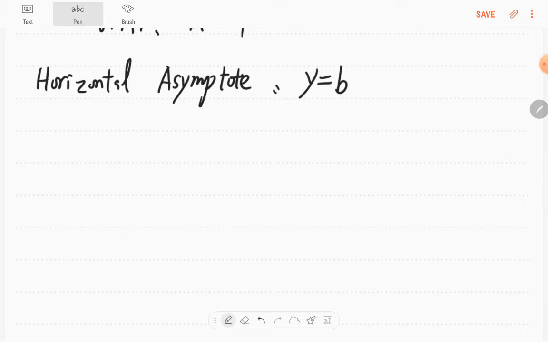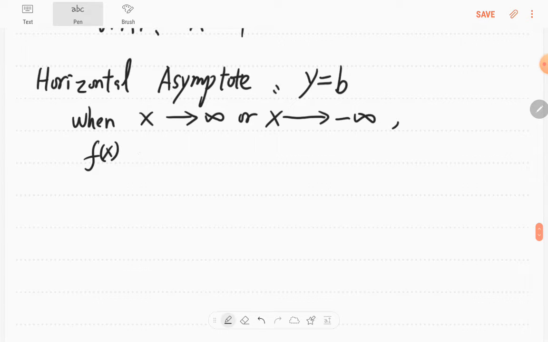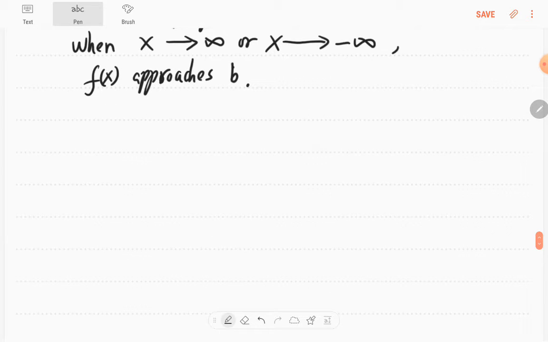Which means when x is very large, approaches infinity, or when x approaches negative infinity, becomes very, very small, the value of f of x will approach the value b. So this is the horizontal asymptote y equals b.